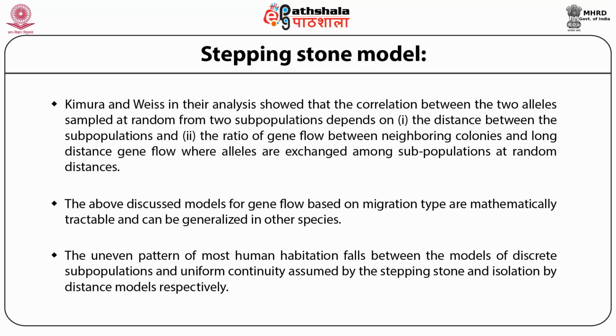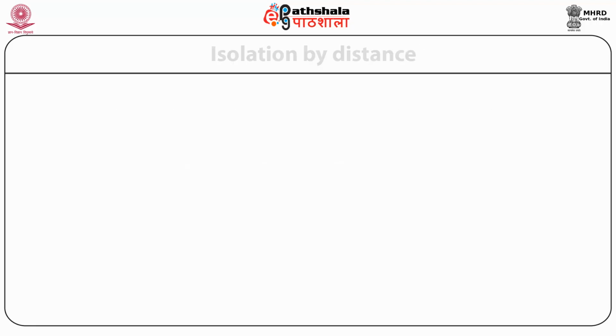As expected for isolation by distance, the correlation between allelic states decreases with increasing distance between subpopulations. Interestingly, the correlation between allelic states drops off more rapidly with distance when subpopulations occupy two dimensions than when they occupy a single dimension. Another model of gene flow is isolation by distance.